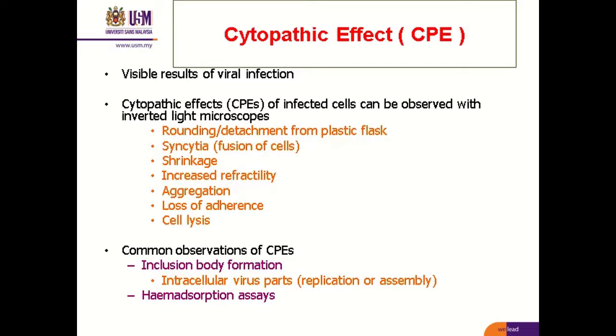And for intranuclear inclusion bodies, such as herpes simplex virus or varicella virus, we can see eosinophilic intranuclear inclusion bodies. And for adenovirus or CMV, we can see basophilic intranuclear inclusion bodies. For CMV, we can see the characteristic owl eye appearance. Other tests such as hemadsorption tests can also be done for influenza virus.